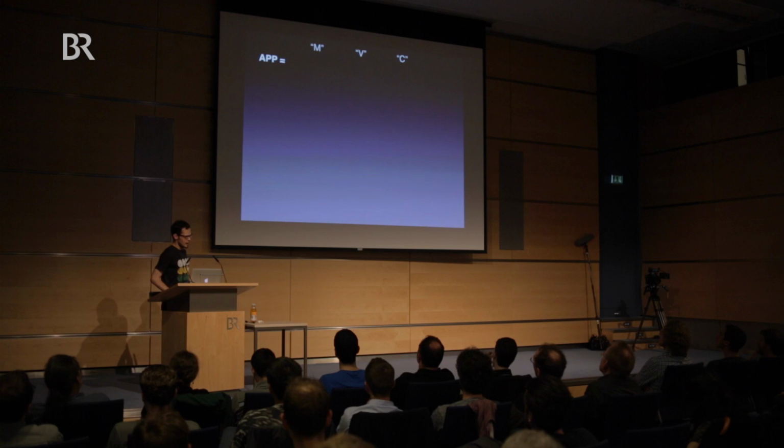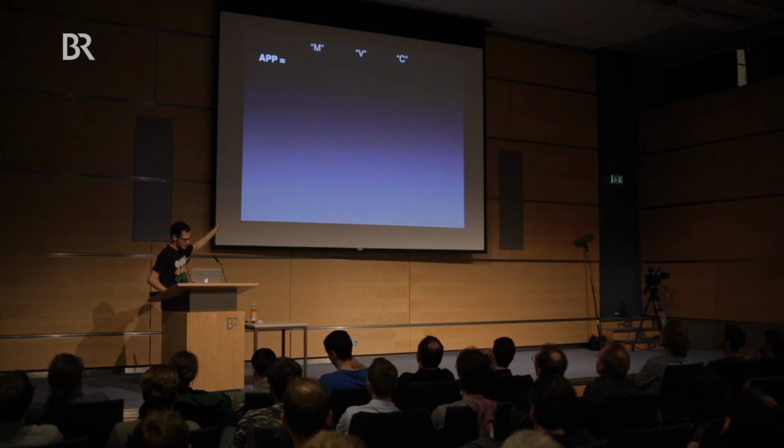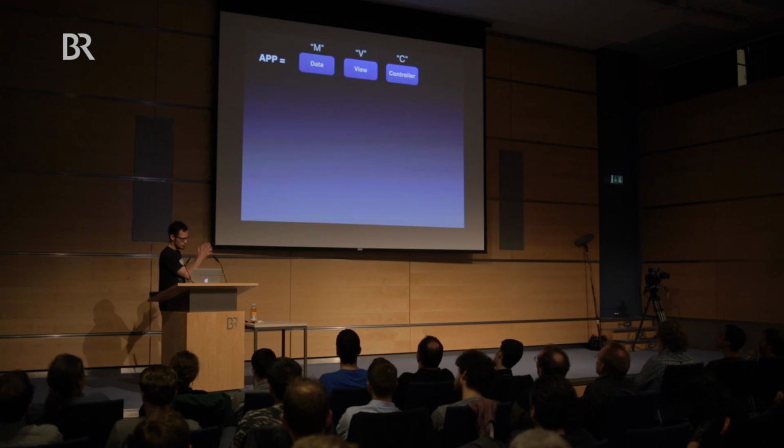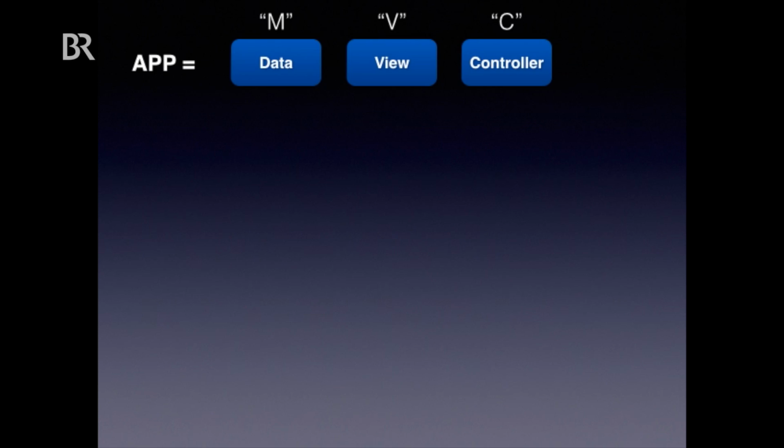So here is an app, and I put these letters, the M, the V, and C. Let's say we have a simple one where you only have one box for the model, which I call data, one for the view, and one for the controller. If you read an MVC book, you would say the interaction is defined like this: you have a view, which talks to a controller, and they talk back and forth.